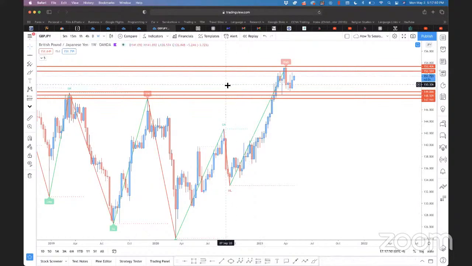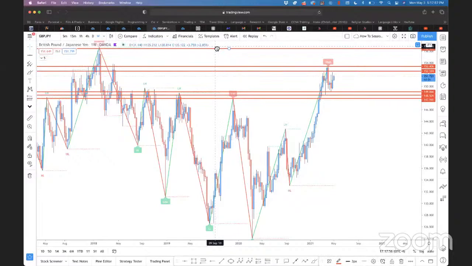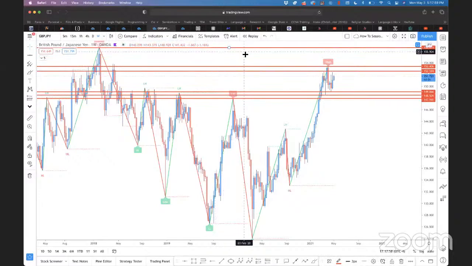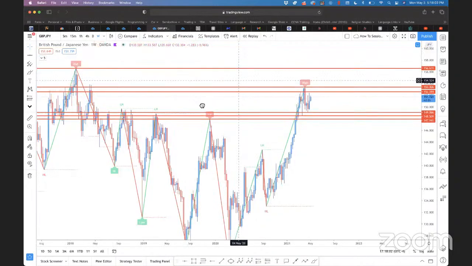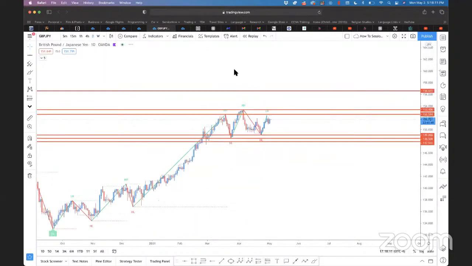Little weekly rejection area right here, and then above here. I'm not marking up the chart per se. I just want to show you certain areas that I would want to look for myself, right? Reason being is because these were major areas of rejection or liquidity pools that are sitting at these areas.